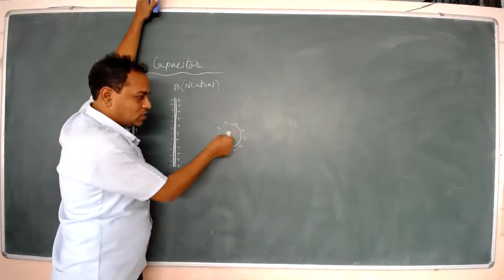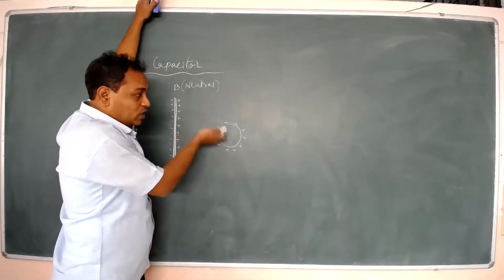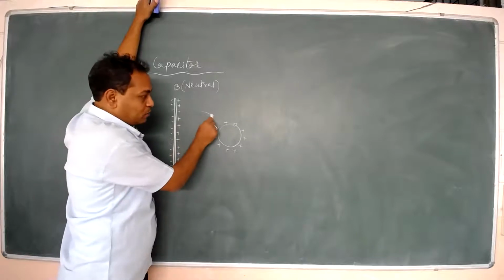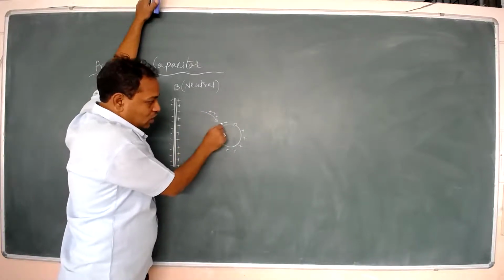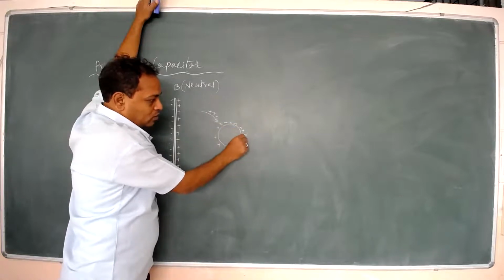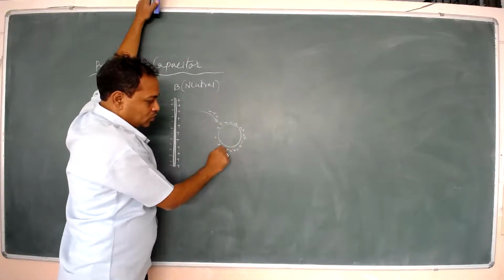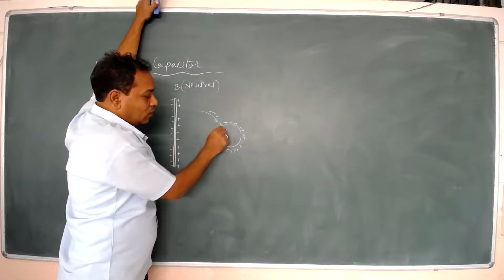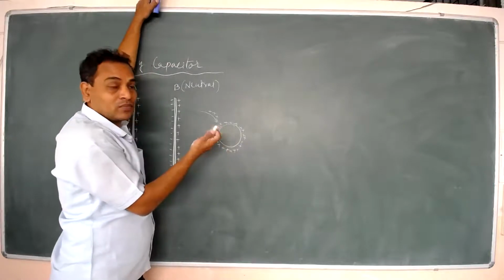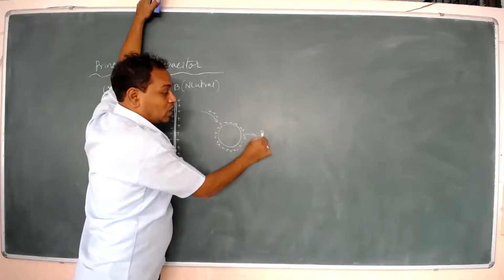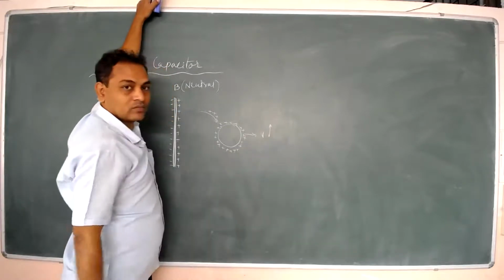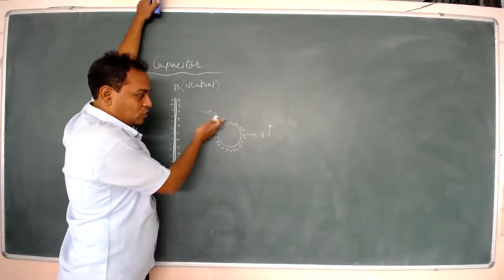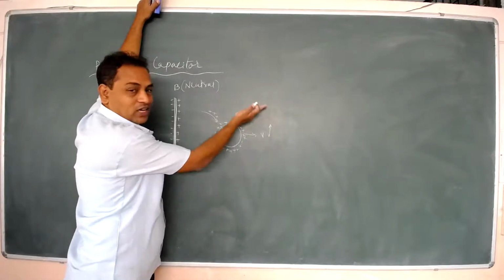If I pour in further positive charge, this charge also starts occupying the remaining places. So the positiveness will be increasing, that means its potential, its V value, will be increasing. As you give the same kind of charge, its potential will increase.